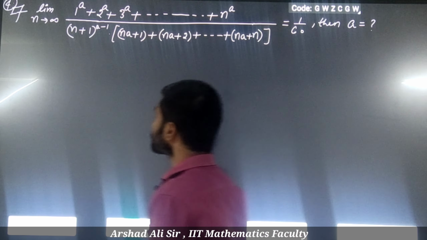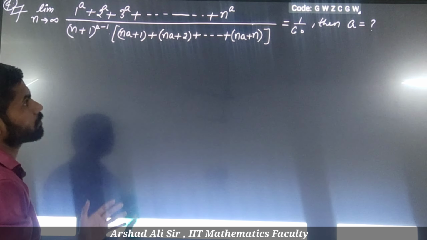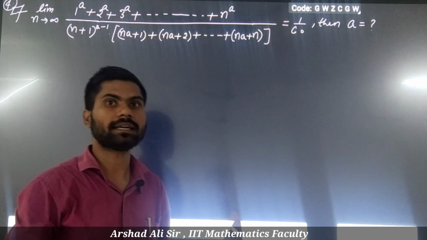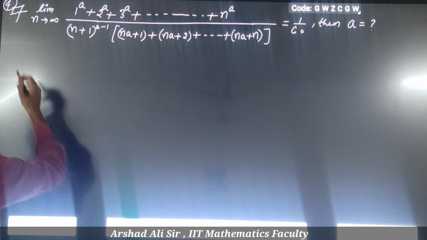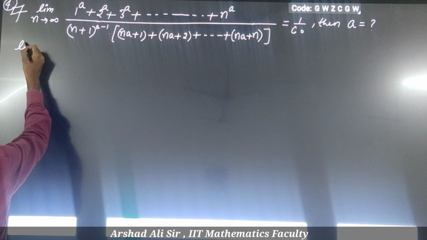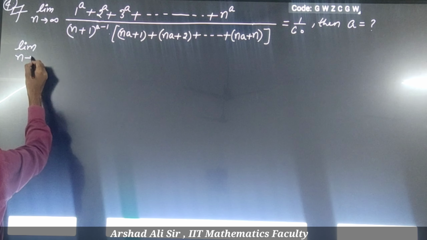Okay, is that clear? We have given limit equal to 1 by 60 and question is find the value of a. So how to solve this question? Do one thing, limit n tends to infinity.